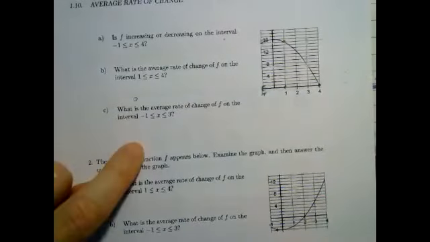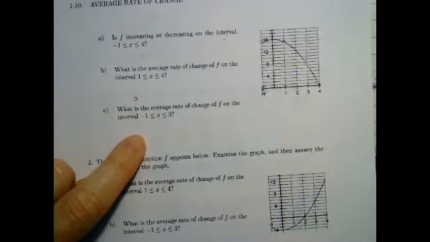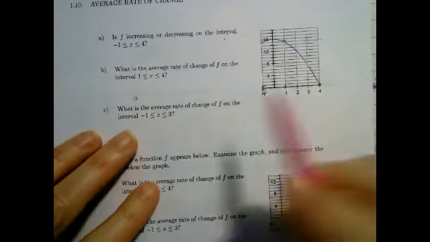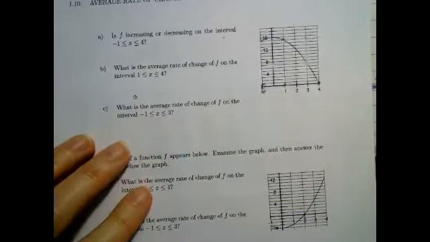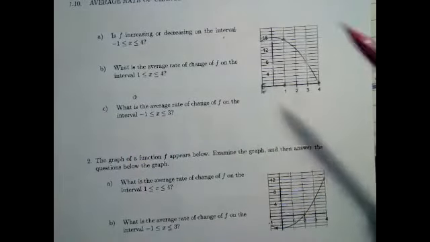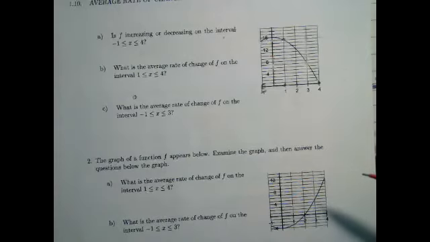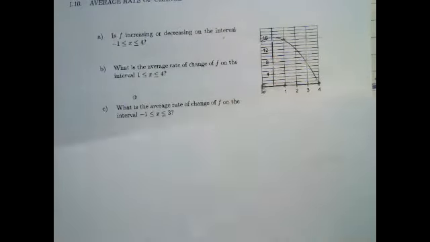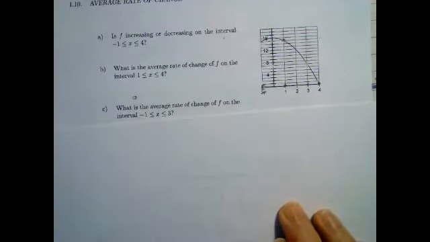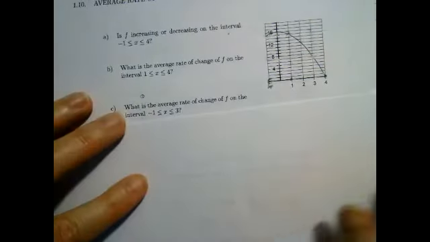Now, the last question will be fairly simple. What's the average rate of change of f on the interval -1, 3? Do you think you're going to get a negative value or a positive value for the average rate? Negative. Because what did the function do? Did it lose value or gain value between -1 and 3?